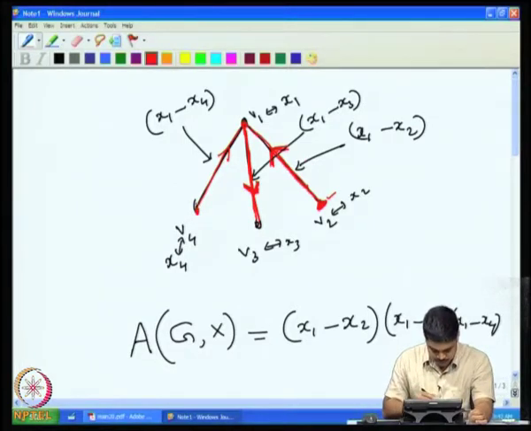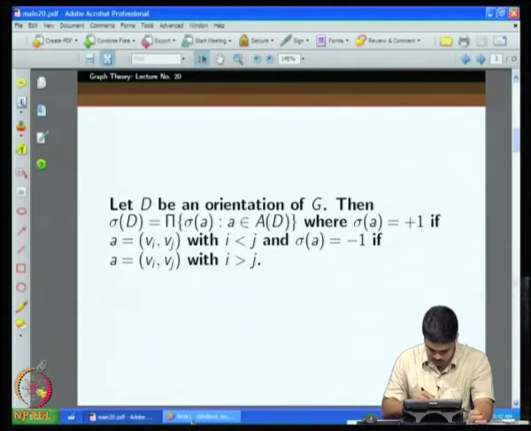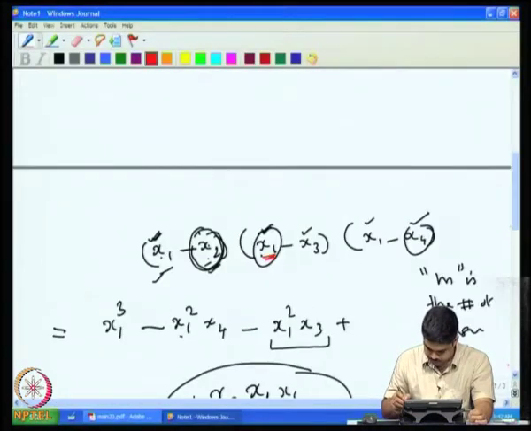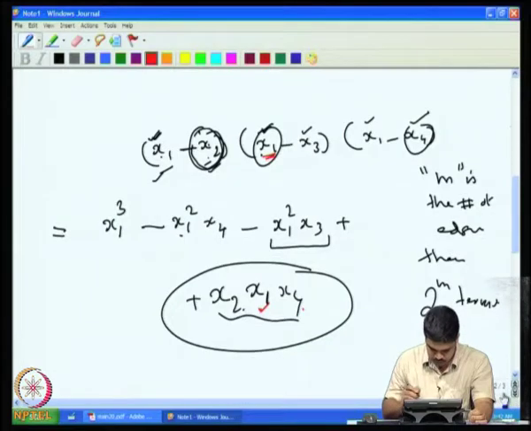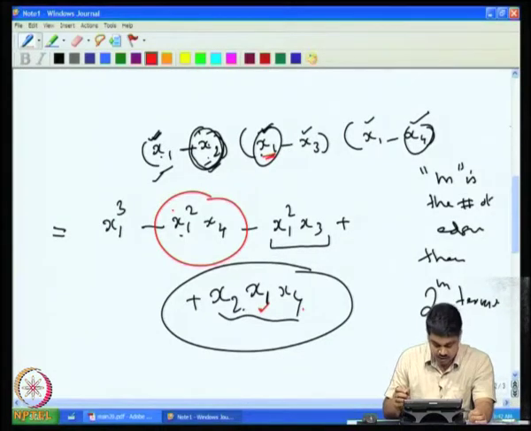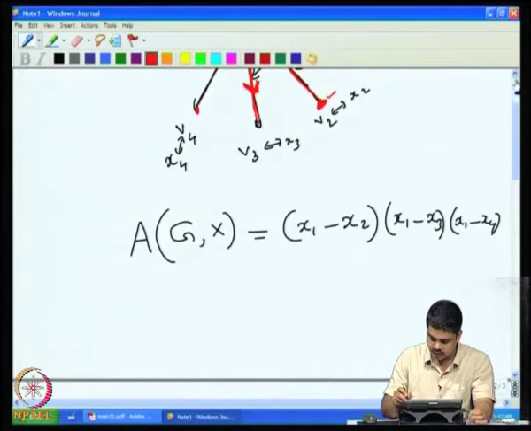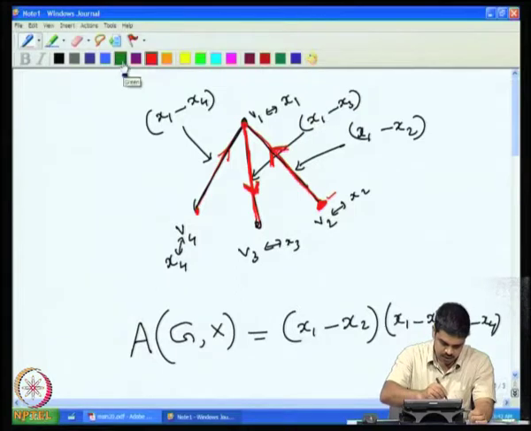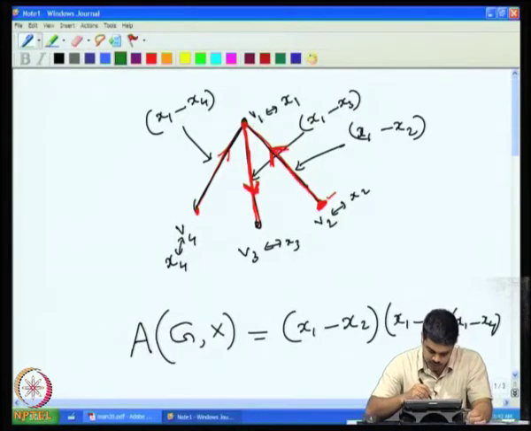Similarly, here the out degree is 1. On the other hand, if I had picked up another term, say for instance, x1 square x4, then that means here x1 is picked up, x1 is picked up, x4 is picked up in the third one. So, I can mark it with green. Here x1 square x4, the first is x1 picked up, that means the direction is in the opposite way here, and then here it is picked up this way, here it is picked up this way.